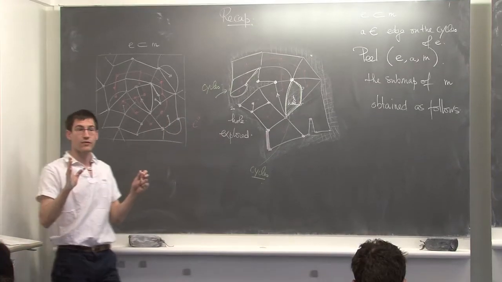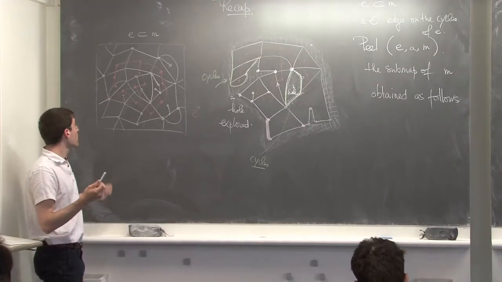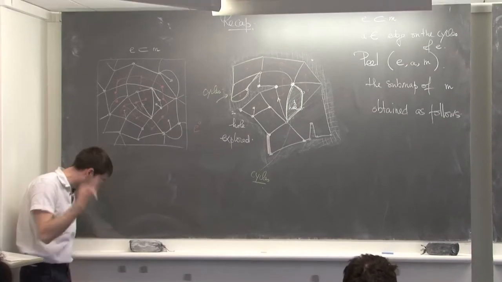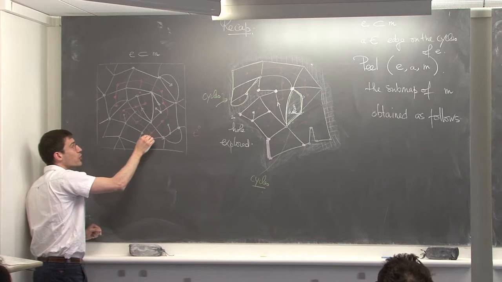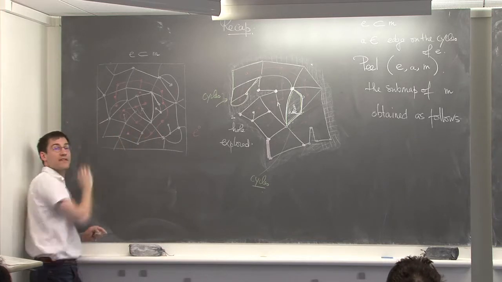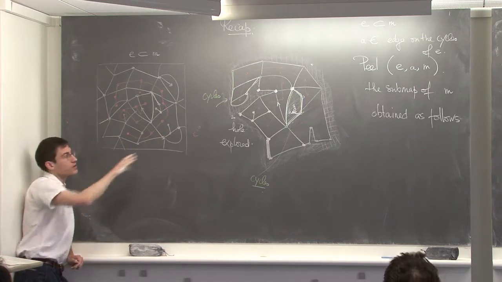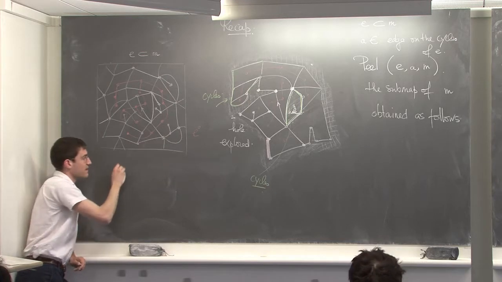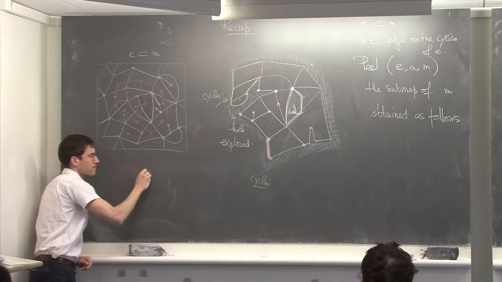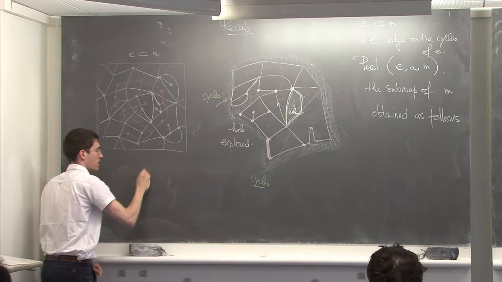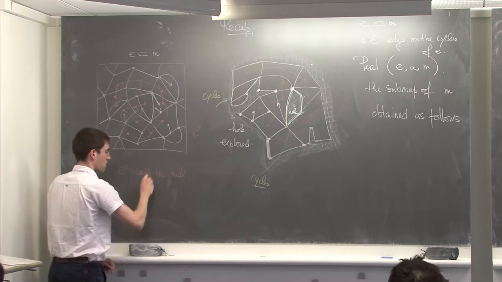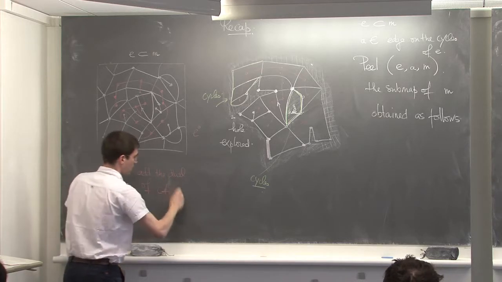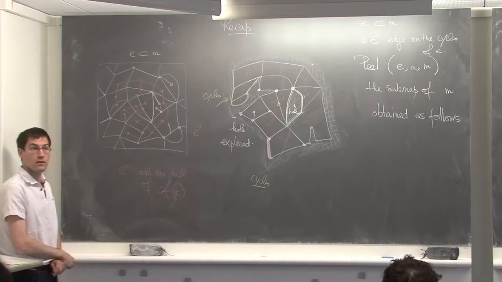Then there are two ways to see that. The easiest way is just to say in the dual, peeling this edge is the same as adding the dual of this edge in the dual version of this submap. So in E, you add the dual of A. Okay?